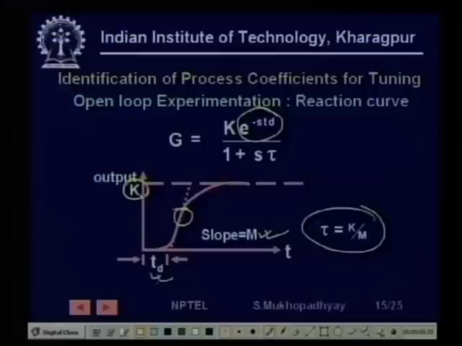They have given some thumb rules that if you find that k is of so much value, m is of so much value and Td is of so much value, then if you are using a P controller, use this value of gain. If you are using a PI controller, use this value of k and this value of Ti. So, there are certain rules which are not analytically derived but are empirically derived, meaning just by doing experimentation, and they cannot be explained.